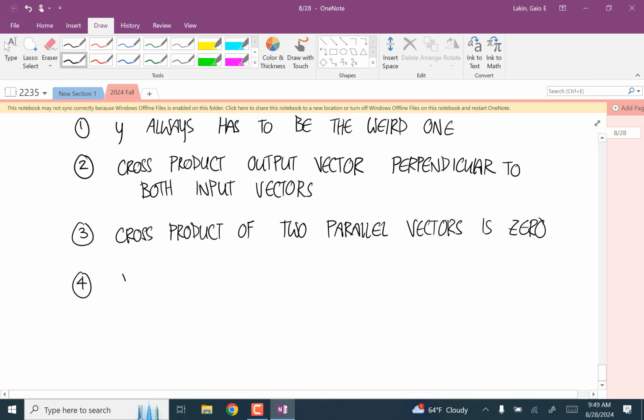Fourth, a right-handed coordinate system requires that I cross j is equal to k.